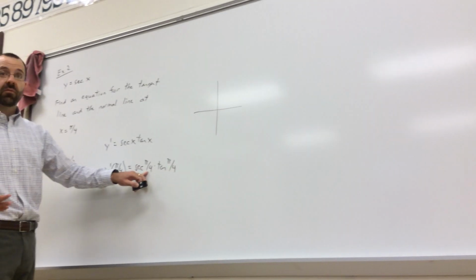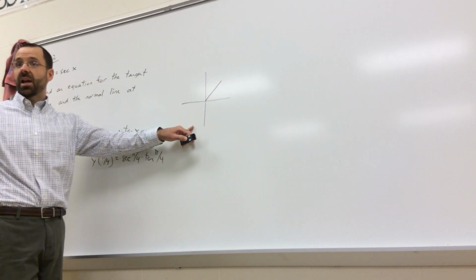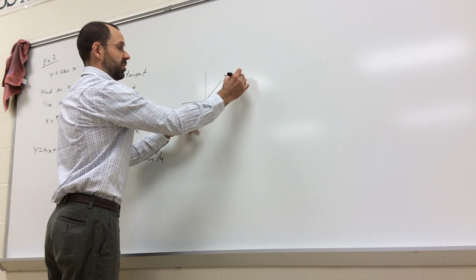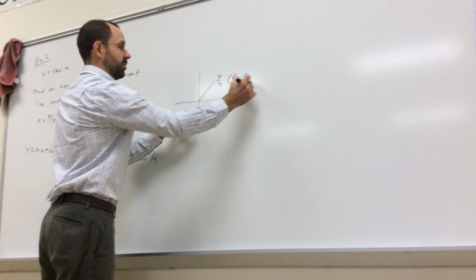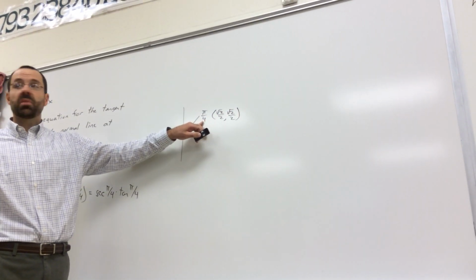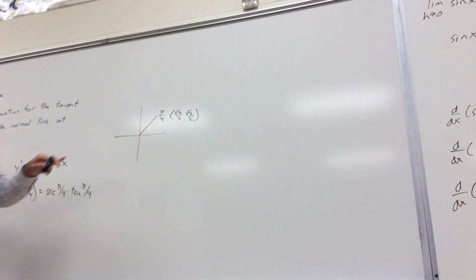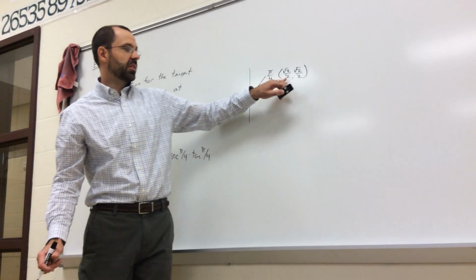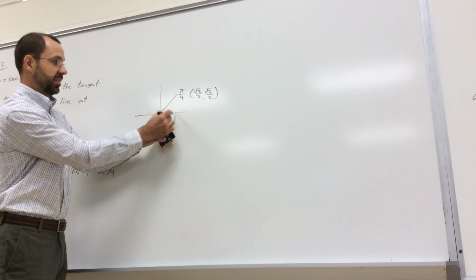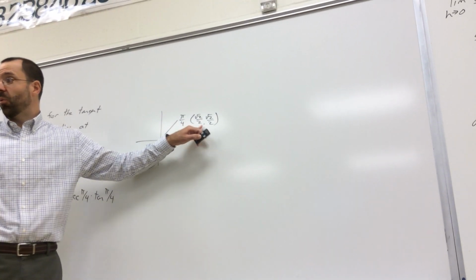For pi over 4, that's right here. It's a 45-degree angle, and the terminal point is root 2 over 2, comma, root 2 over 2. At some point you just need to have memorized that. It's easy to remember that they should be the same because on a 45-degree angle, this x is the same as that y. That's the terminal point for pi over 4.